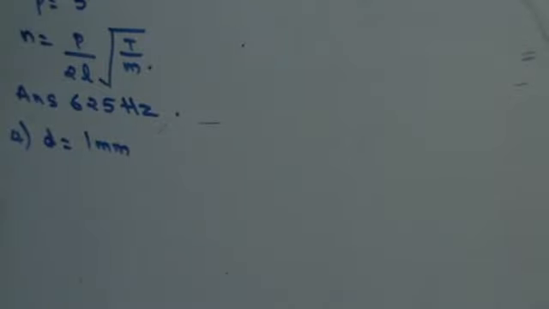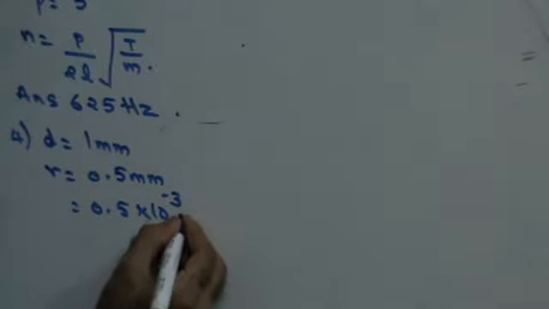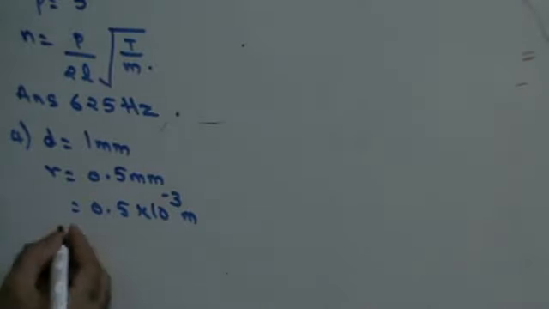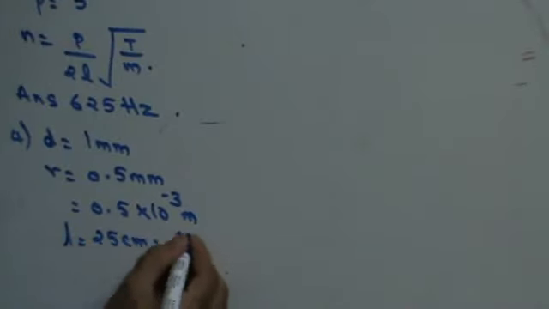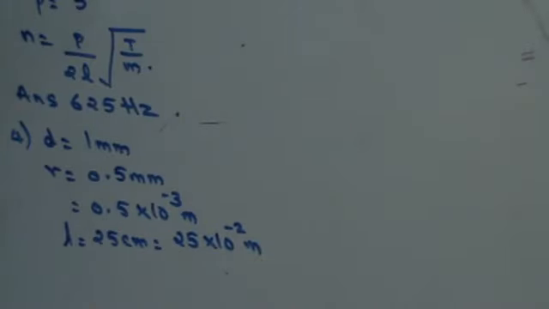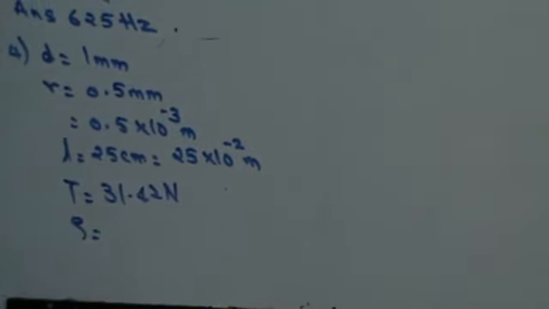Next, take down the next one please. A steel wire of diameter 1 millimeter and length 25 centimeters is stretched under a tension of 31.42 newtons.